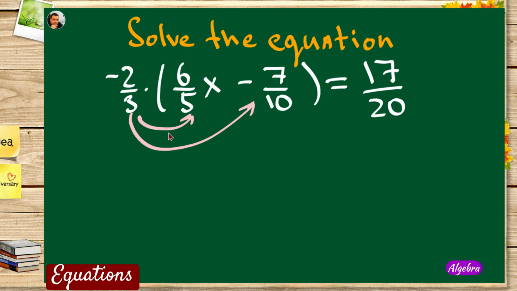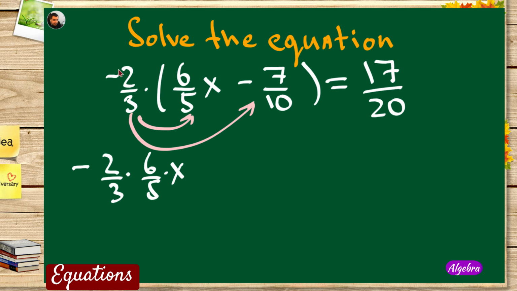Let's see what's going to happen. Negative multiplied by positive is going to be negative, so I'm going to put minus here. So minus 2/3 multiplied by 6/5 multiplied by x.